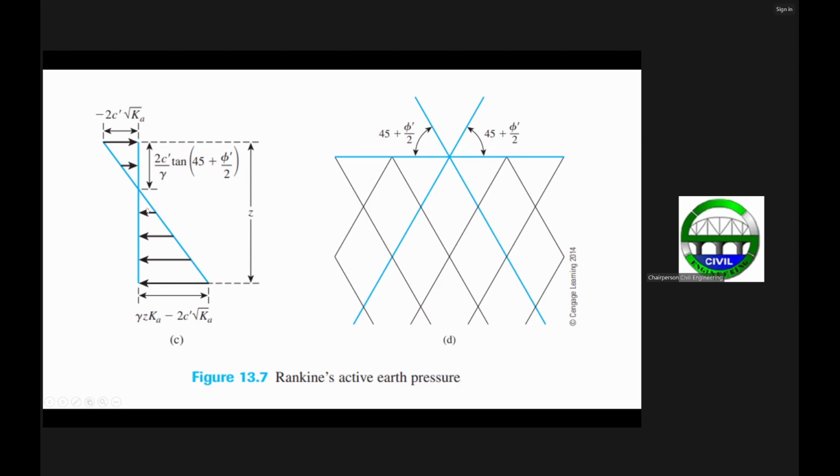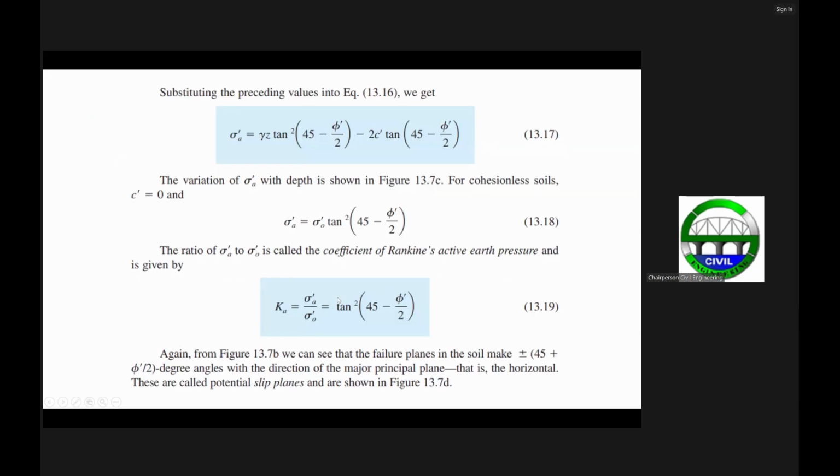Wherein the maximum value at the bottom of the wall is equal to gamma z times K sub a, where K sub a is equal to this one. Now take note, let's say for example, for cohesionless soils, where c prime is equal to 0, then we don't have this term.